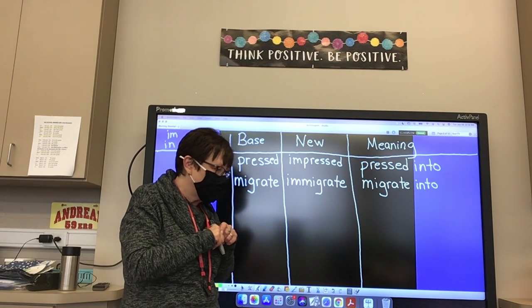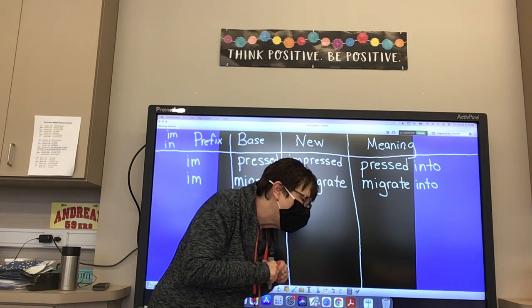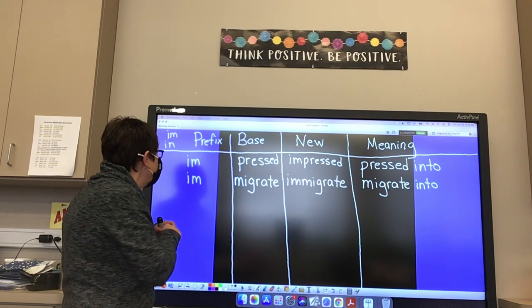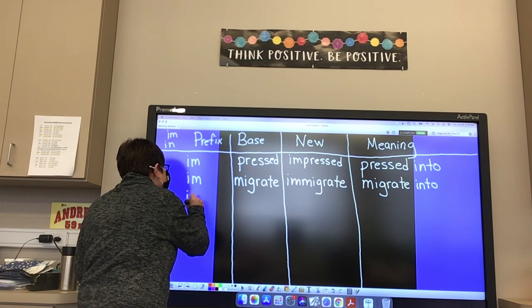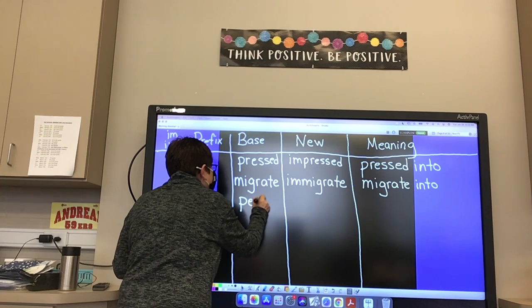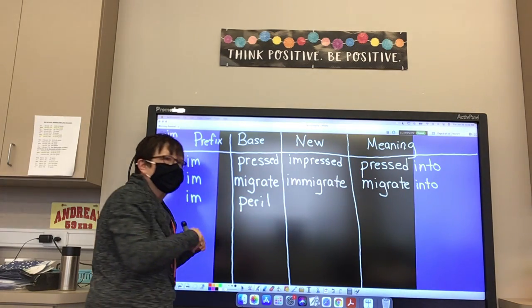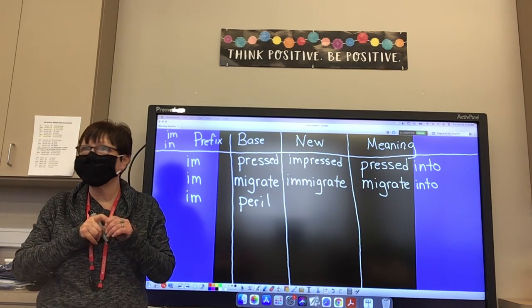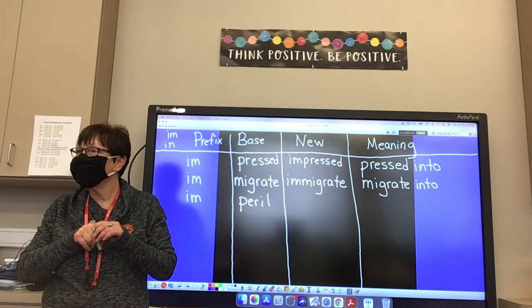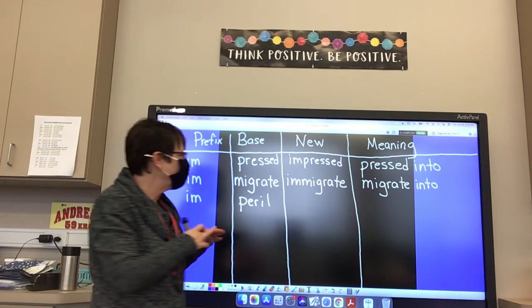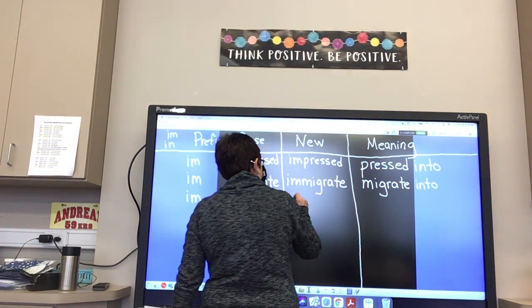Let's try this word. im plus peril. We talked about this word, im plus peril. What word does that make, Yanni? Imperil.